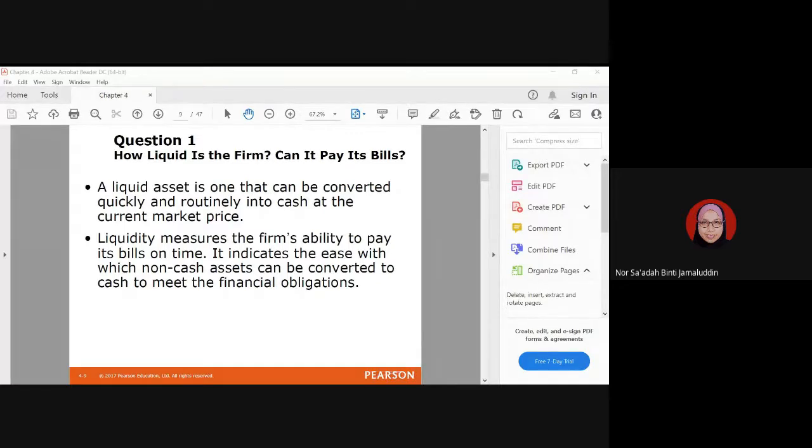So biasanya dah nama pun jualan utama kita, contoh kita buka syarikat sarung tangan. Let's say sarung tangan lah. Let's say we form a glove firm, firma sarung tangan. So our inventory is glove lah.